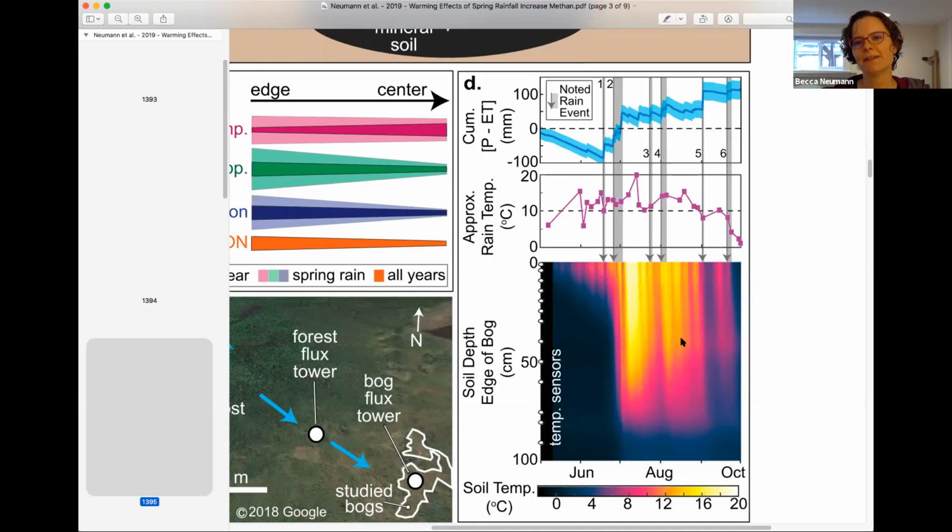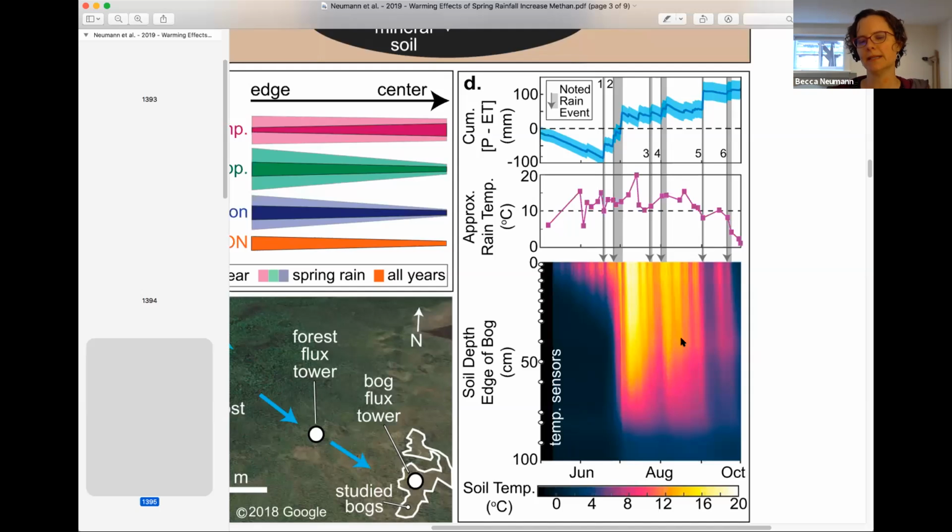Yeah, I guess for us, that's how science goes. I was like, oh, we're seeing this rain response. And so for a long time, I was thinking it was rain falling directly on the bog. But then you puzzle over the data and it just doesn't fit with that conceptualization, and then the edge-center differences and things like that.